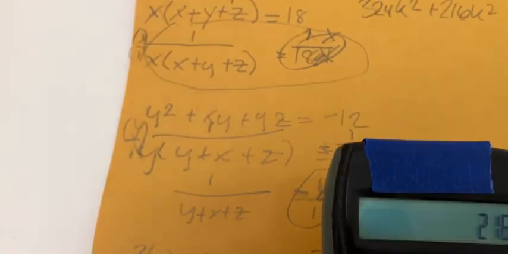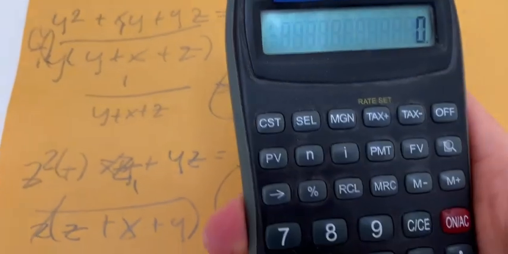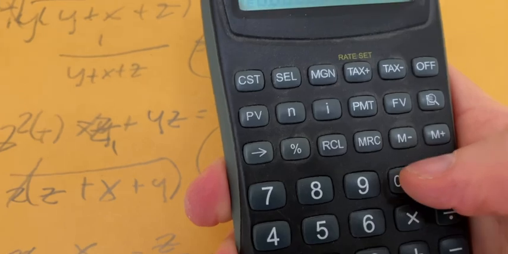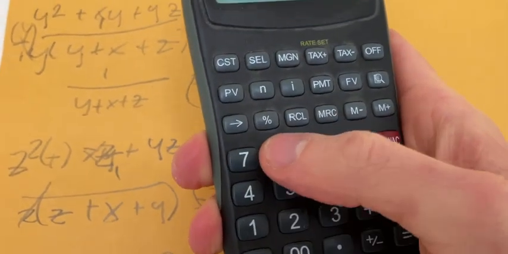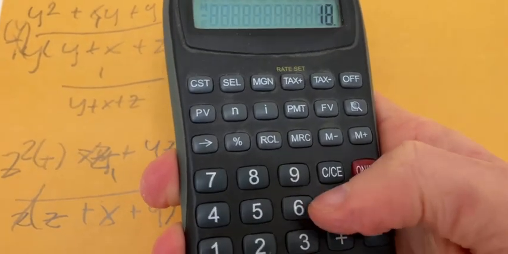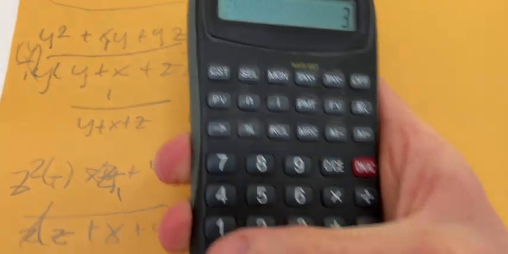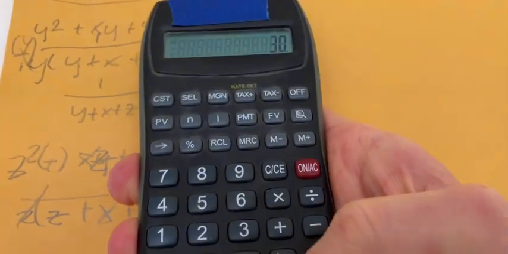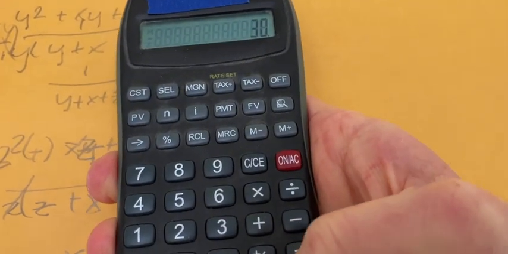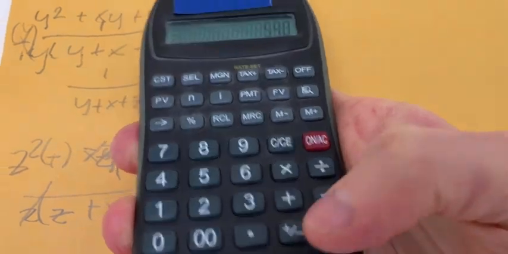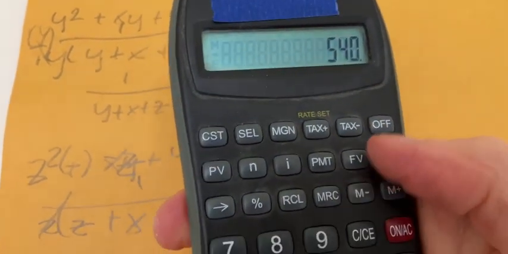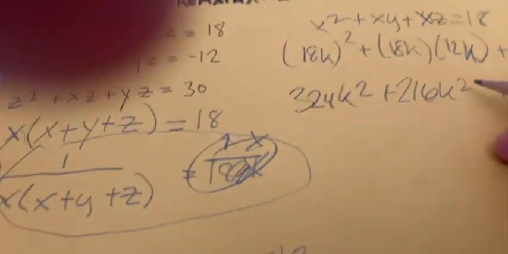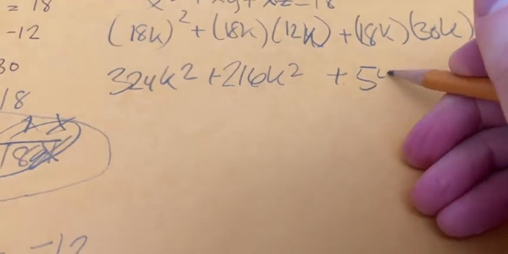Oh, don't worry about my fingers. 8. So we got 540. All right, good. Boring.